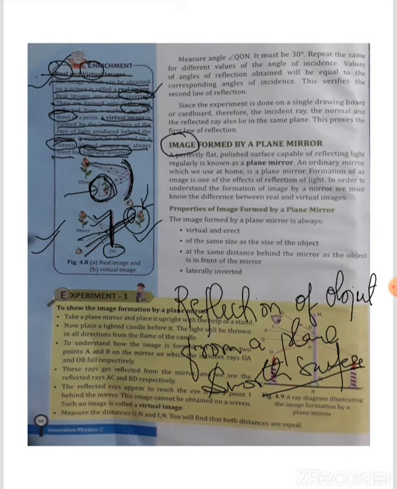The three differences between the real image and virtual image are: number one, a real image can be obtained on a screen, whereas virtual images cannot be obtained on a screen.